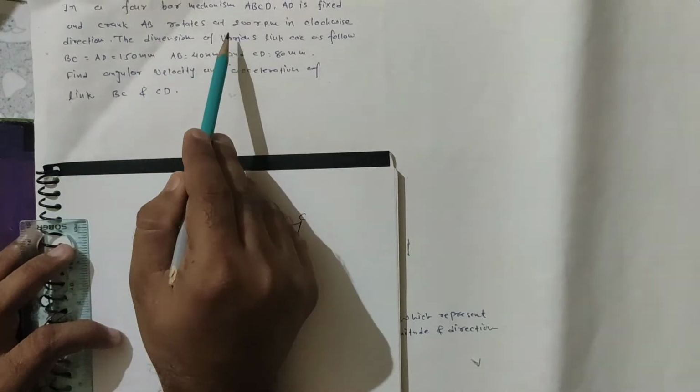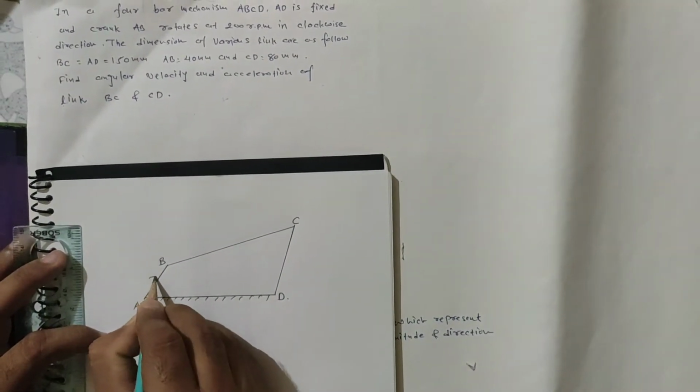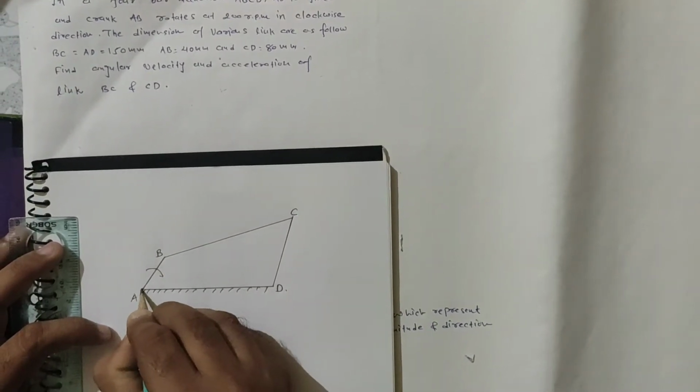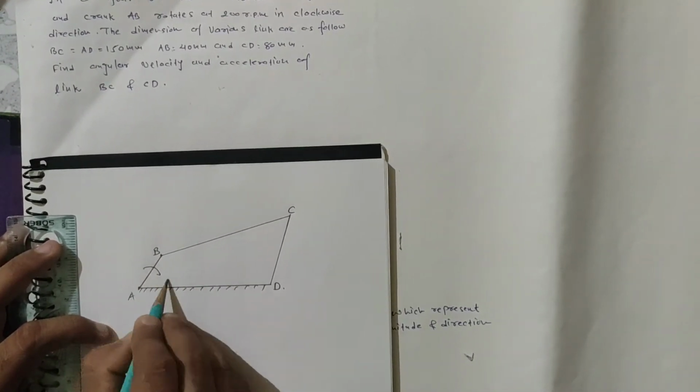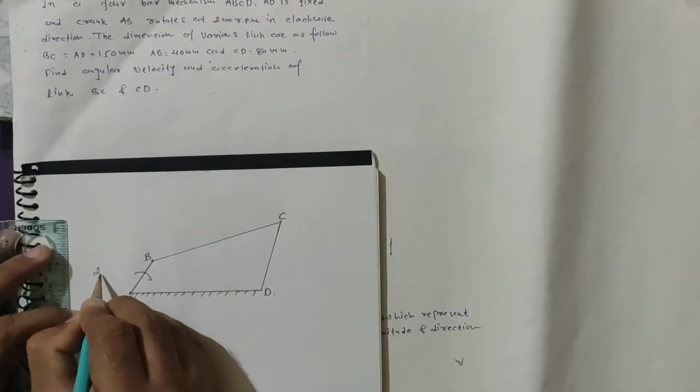Crank AB rotates at 200 rpm in clockwise direction. This is the crank AB that rotates in a clockwise direction with 200 rpm, that N is given.